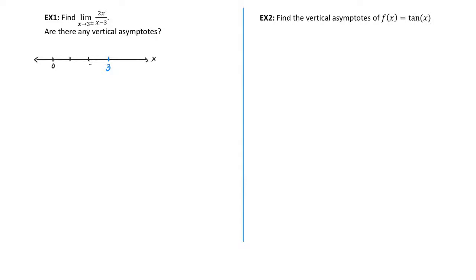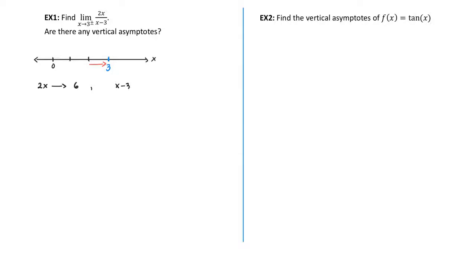So x is approaching 3 from the left. Try to imagine that. Well, if that is the case, let me take the numerator of the function, 2x. I know that 2x is going to be approaching 6. Just think about it. As x is getting closer and closer to 3, 2x is getting closer and closer to 6. Now, what happens to the denominator?